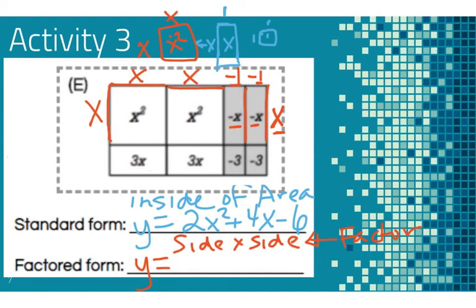All right, so remember, whenever you're multiplying the sides, they need to be equal to what is inside that rectangular shape. All right, so using that same thing, here I know that this side is x because I look above it, right? And that side is x, and here x. And now x times 3 would be the only thing to give me 3x.